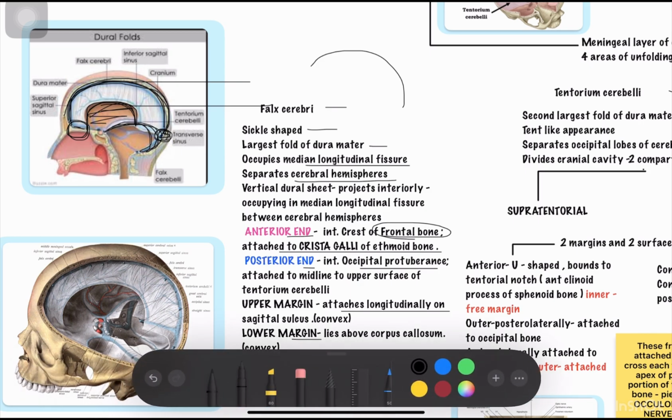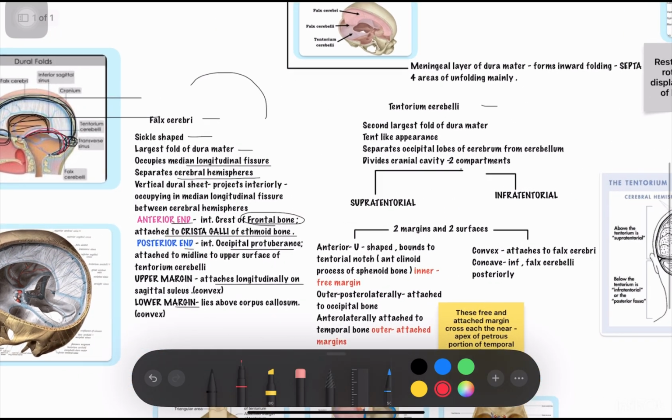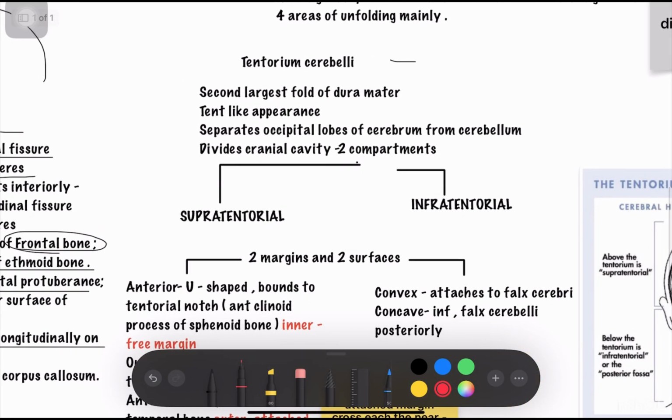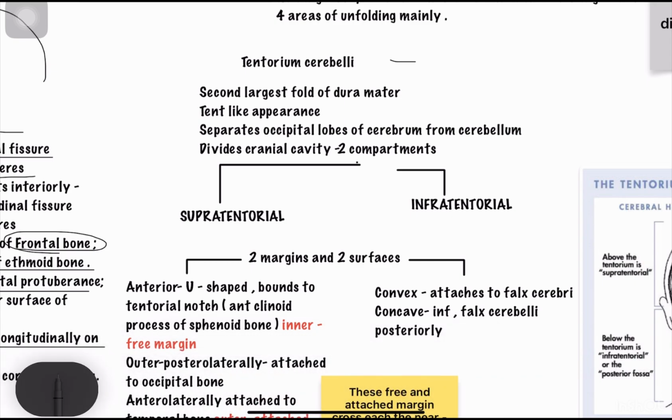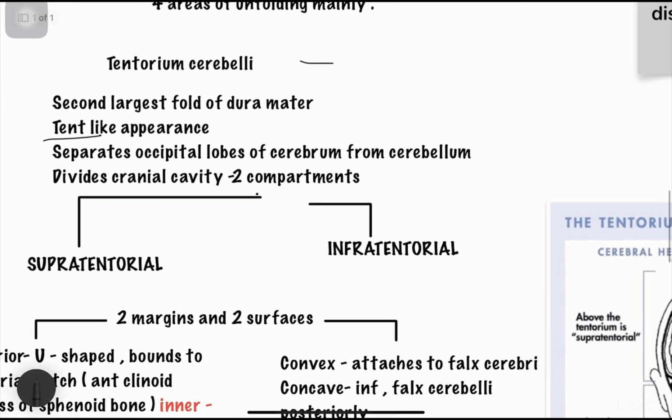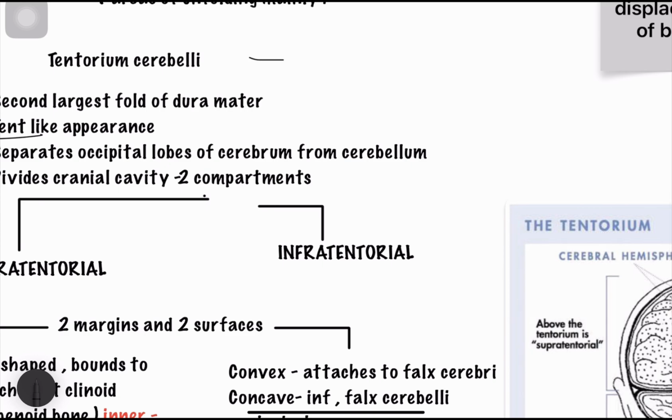So talking about the tentorium cerebelli, in this diagram we can see the red marking over here, this is the tentorium cerebelli. The tentorium cerebelli is the second largest fold of the dura mater and it has a tent-like appearance. It separates the occipital region of the brain into two regions mainly, the cerebrum and the cerebellum.